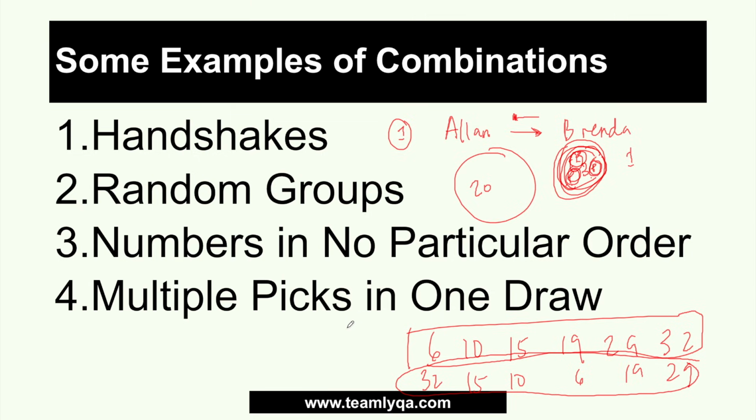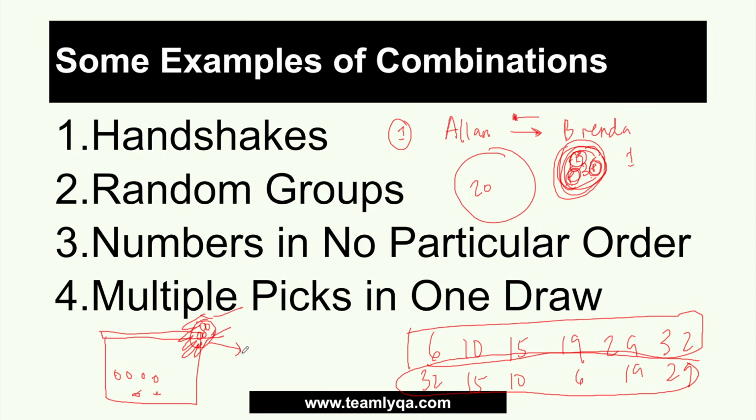Okay? Now, multiple picks in one draw. Anong ibig sabihin nun? Kunyari, may isang bag ka ng mga bola, okay? Tapos meron ka mga red balls, blue balls, green balls, or anything. Kapag bumunot ka ng random group dyan, kunyari, bumunot ka ng 5 bola, or 3 bola, or 4 na bola, random din na mapipili mo yung lahat sila, okay?